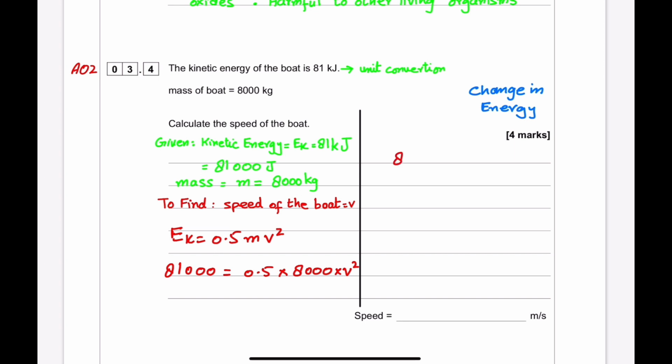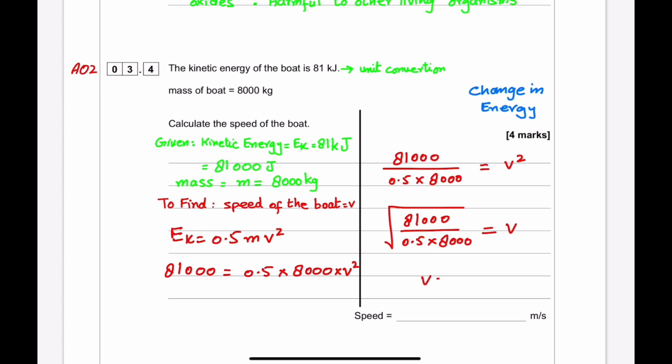We will get the answer 81,000 over 0.5 multiplied by 8,000, making v squared the subject. Taking the square root from both sides, so the answer of v is 4.5 meters per second.